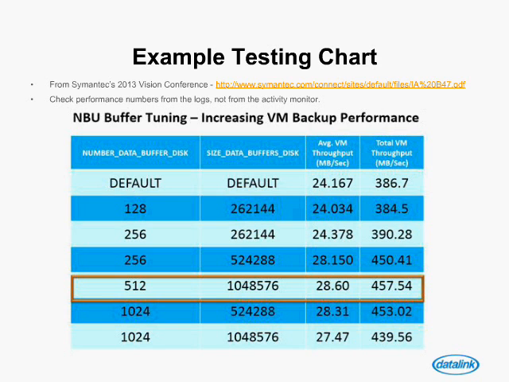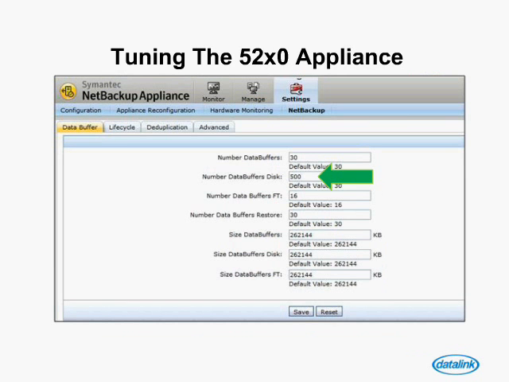And it's good to actually go and look in that. Symantec does provide a number of performance tuning documents, that being one. There's a backup and performance tuning guide that they have out as well as other tech notes. Now, in this particular slide, we're hitting the web interface for the 5200 appliance or 5200 line.